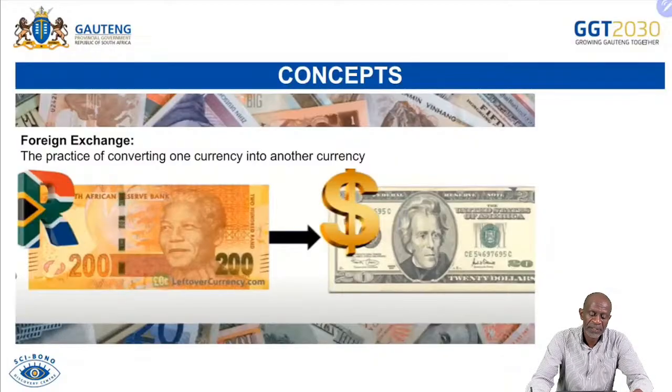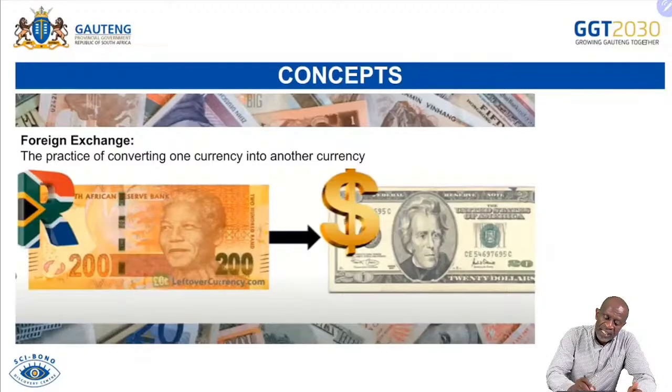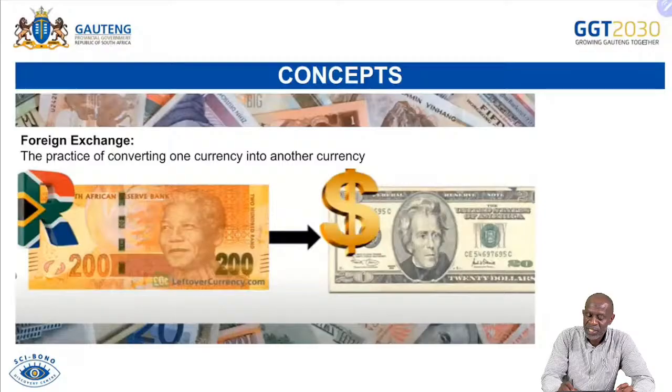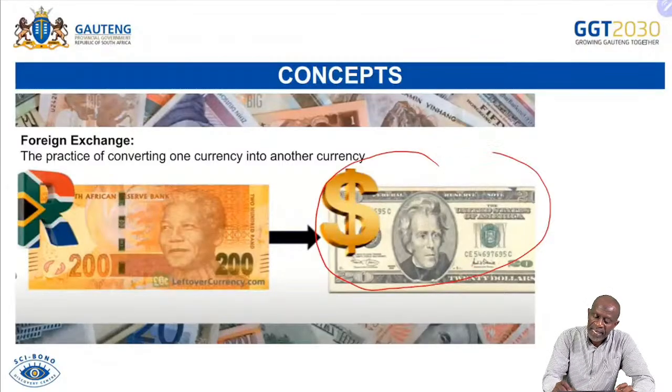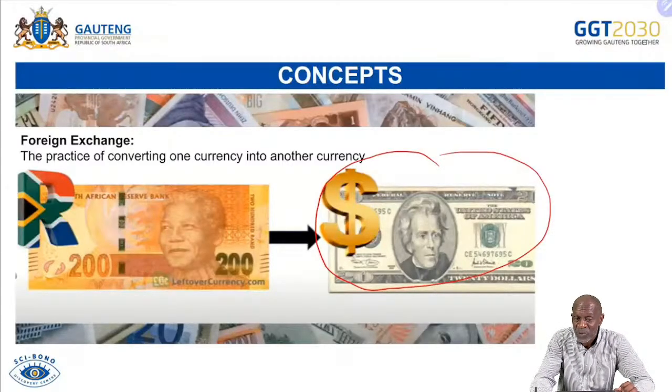Foreign exchange. Foreign exchange suggests the practice of converting one currency into another currency. An example here has been indicated on the pictures of currencies represented here. So you have a 200 South African rand note, and if you are visiting the United States, you have to exchange it into the currency of the country that you are visiting.